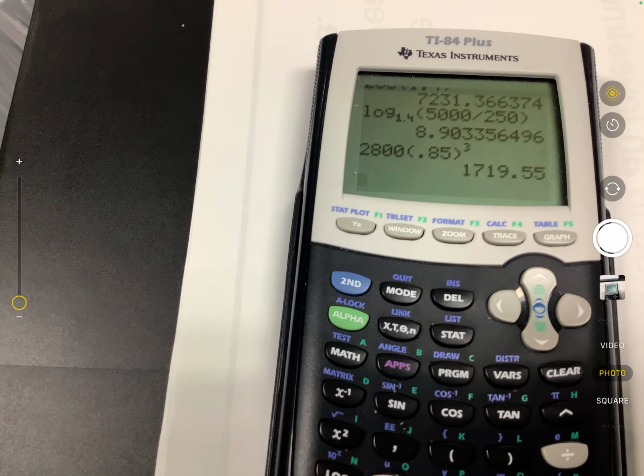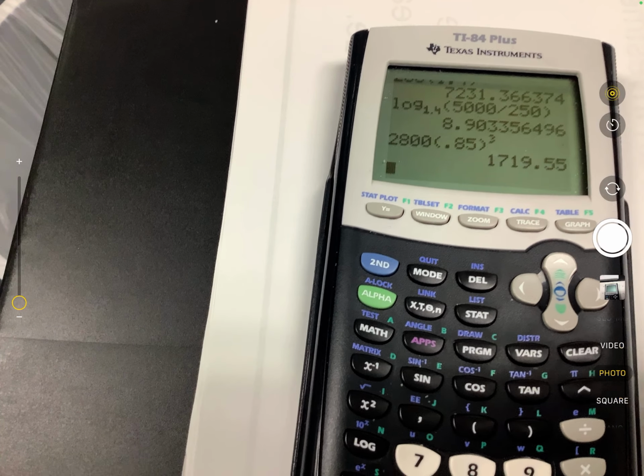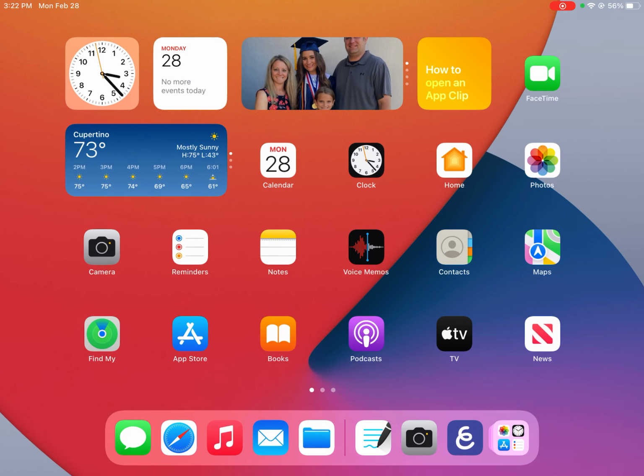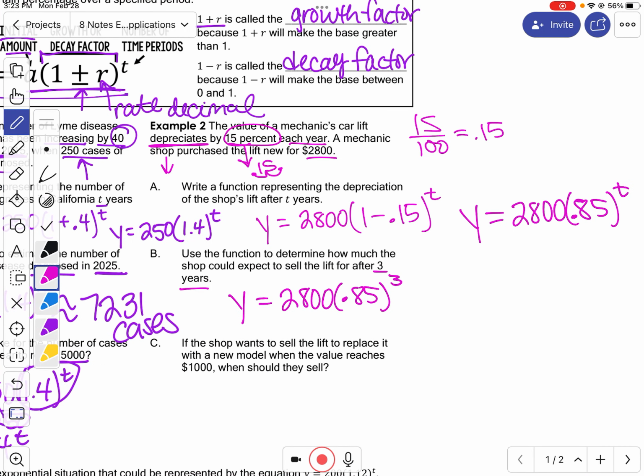And here we're talking about the price, so we're dealing with money, so we may want to round to the nearest cent. So $1,719.55 would be our answer.